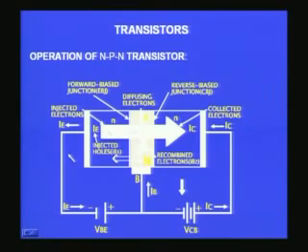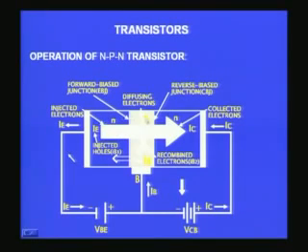So they will both exchange. When that happens, electrons are emitted into the base region. We are not worried about the holes, we are more worried about the electrons. The electrons are emitted in the base region. That is what is happening when I apply a low voltage forward bias condition for the emitter base junction.